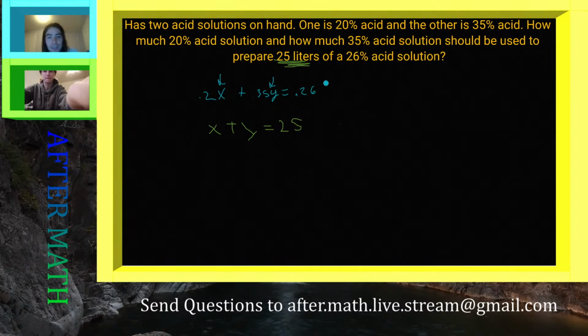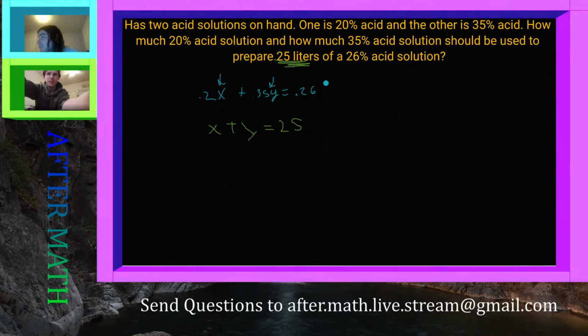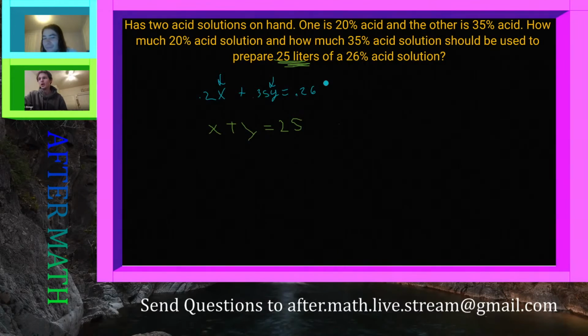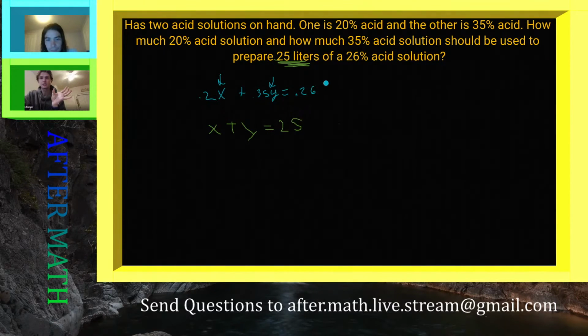Hey Jaden, just out of curiosity, how did you know that this was going to be a systems of equations? Good question. Well, we know the amount has to be 25 liters and the acid solution has to be 26%.